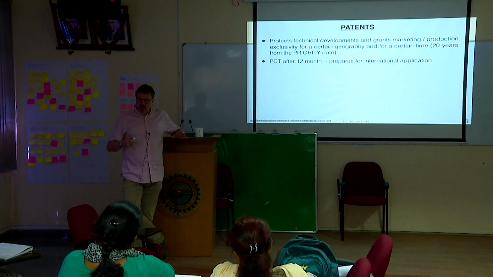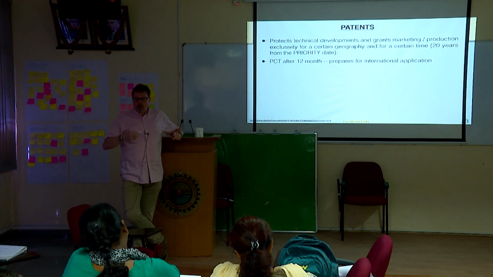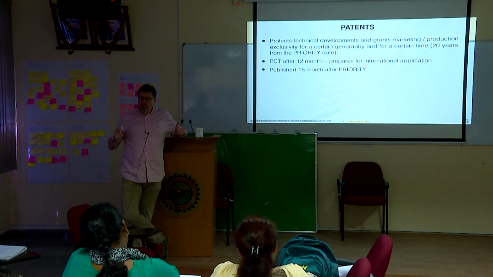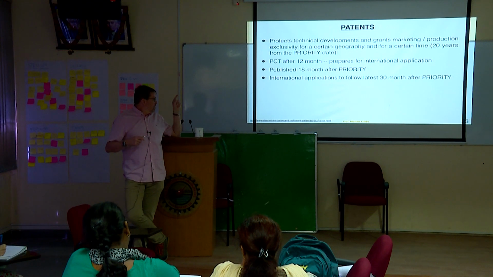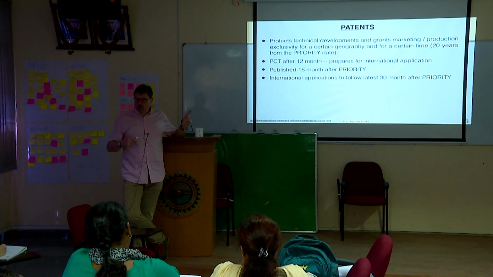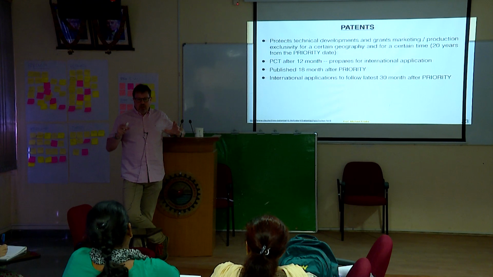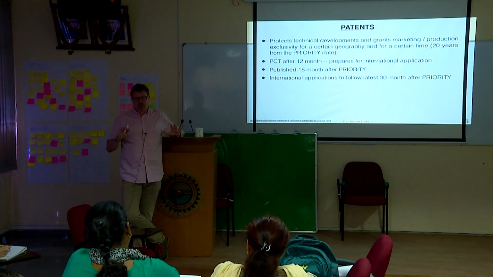But then I can say, I would like to file an international patent later on. Then you have another 18 months after that. So basically, 12 months plus 18 months is 30 months, and I have relative quietness for 30 months with respect to cost as well.